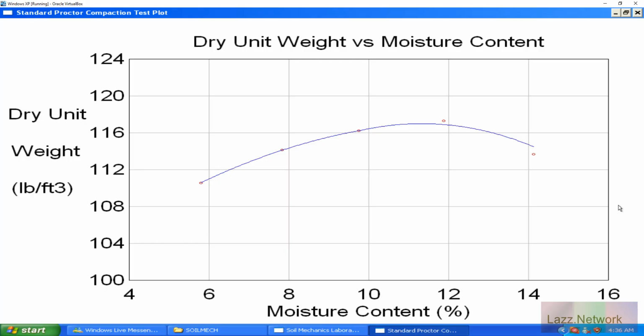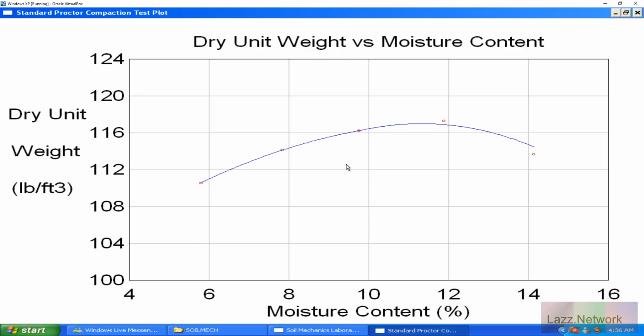It holds together a lot tighter. But if you add too much water, it's just in a liquid state or just mud. It's not holding together as well as dry sand or clay or anything that is dry.